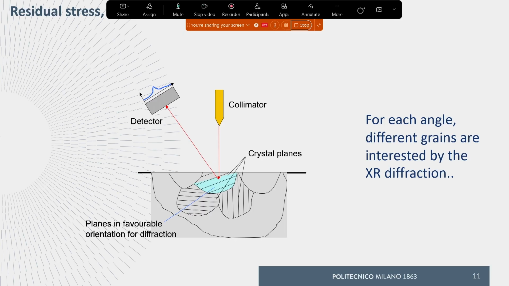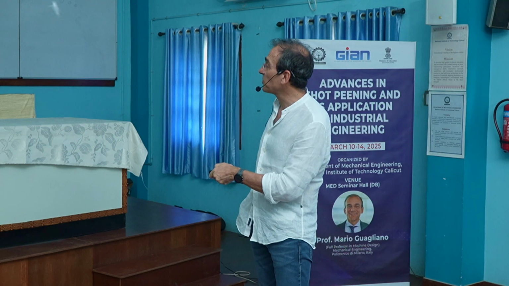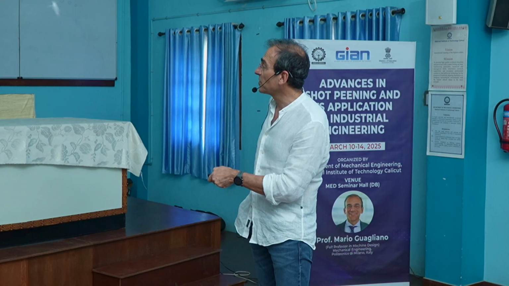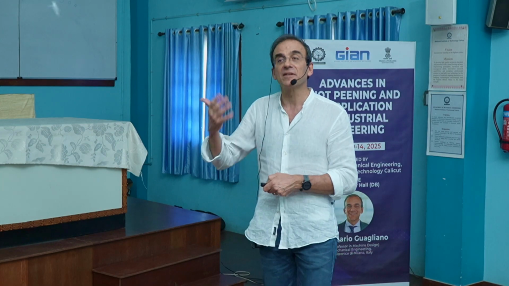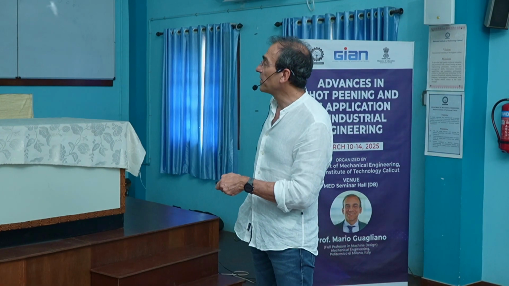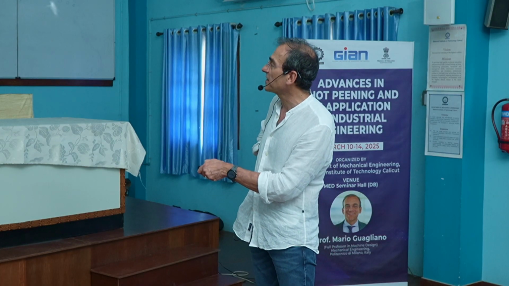We are not considering theta with respect of the free surface, but we are considering the lattice spacing. And so in this position, the grains that will be inclined this way, if theta satisfies the diffraction condition, will be lighted, let's say, by the X-ray beam, and will be a signal to the detector.